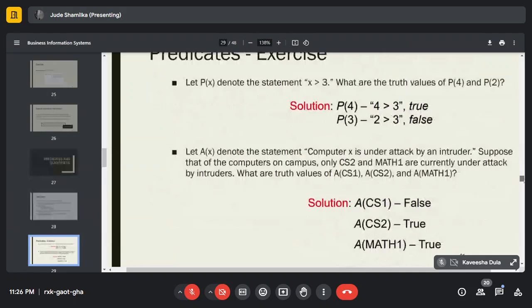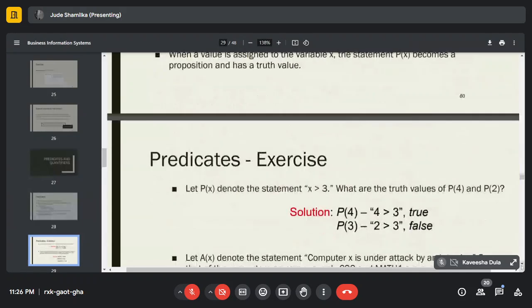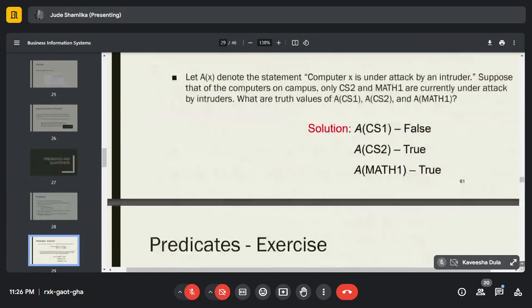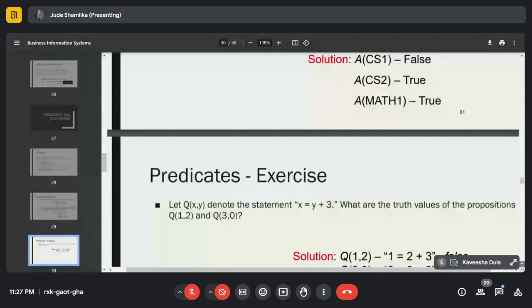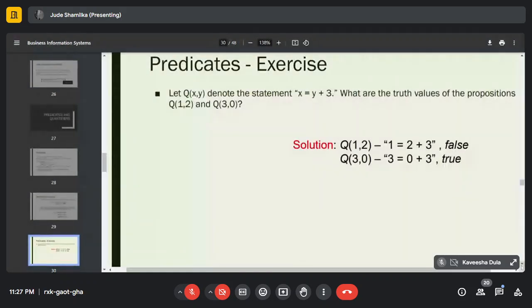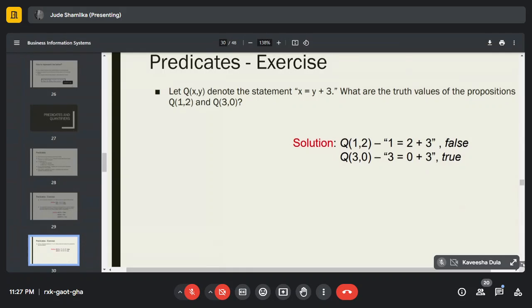So predicate. I think these things are simple, right? You can understand these things. Is there anyone who cannot understand these things? Please simply send a message if you have any problems in understanding the sections that we are going through in predicate calculus.